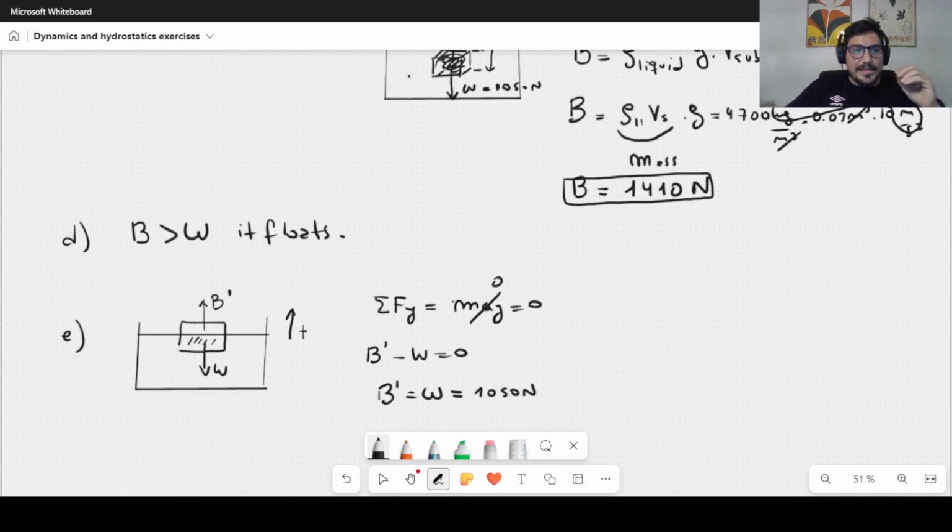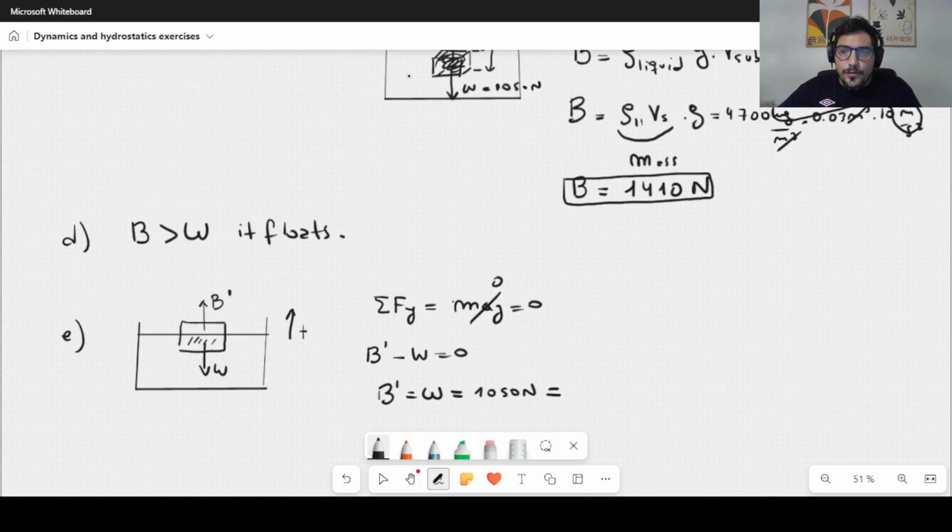So the question in the last item is to find the real volume submerged. We know that the buoyant force is equal to the weight in absolute value. Remember that the buoyant force is not equal to the weight as vectors, because the buoyant force points upwards and the weight points downwards. But in magnitude they are equal, 1,050 Newton.